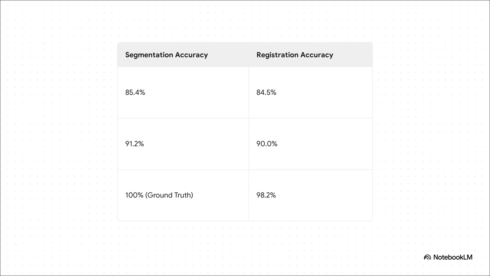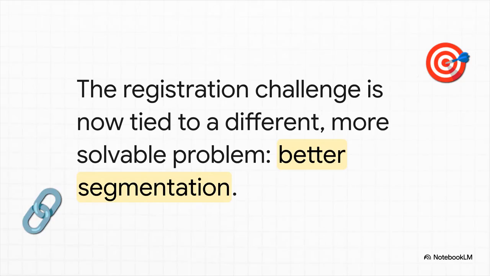Better puzzle pieces make a better final picture. It's that simple. And this is really the biggest takeaway of the whole thing. The really hard, unsolved problem of image registration might not be about registration at all anymore. The performance is now directly and predictably linked to a totally different problem, and one that many people feel is much closer to being solved: segmentation.